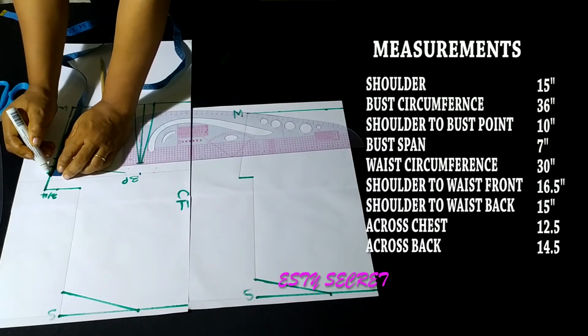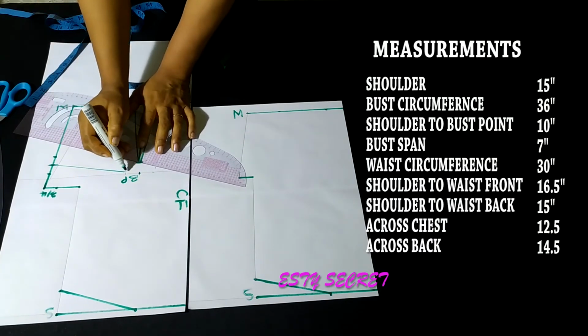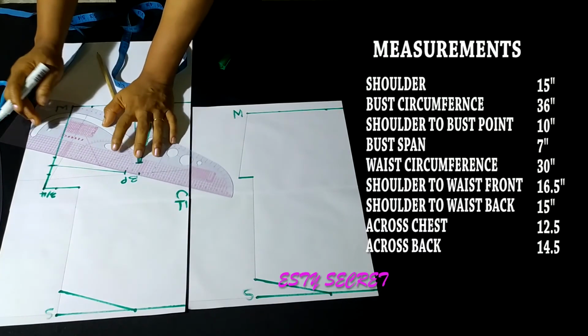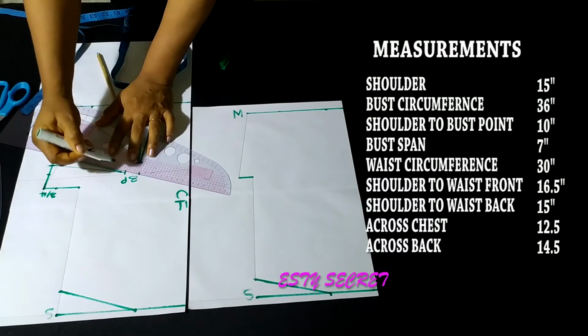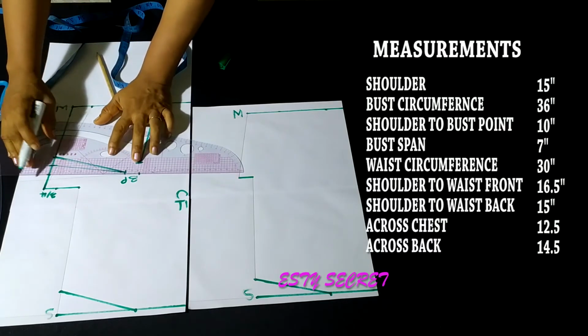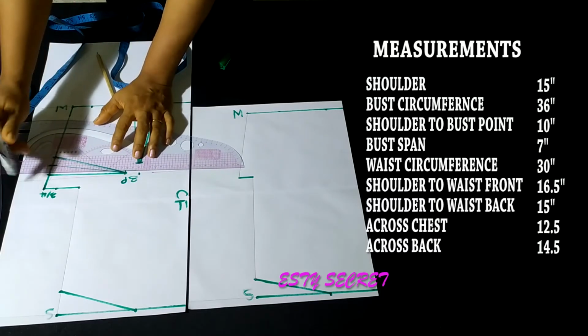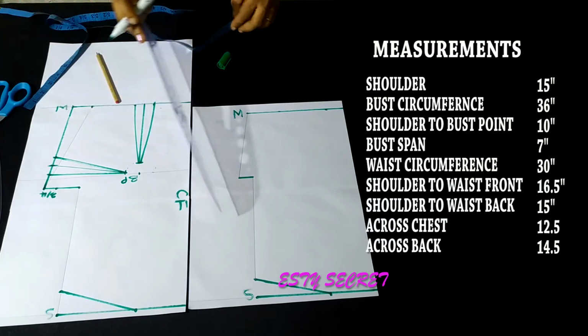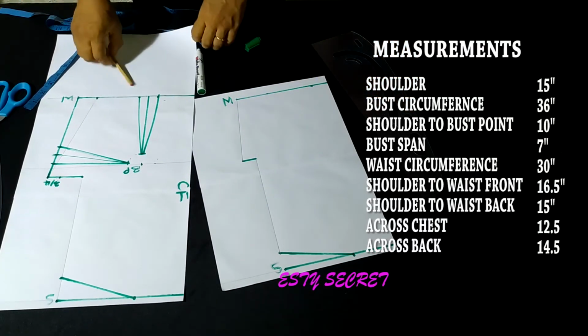That's 3/4 of an inch on either side. So I'm going to connect this to form the side darts like so. So our bodice is almost coming to an end.